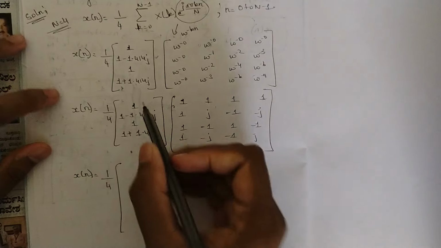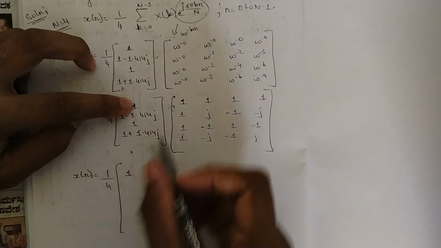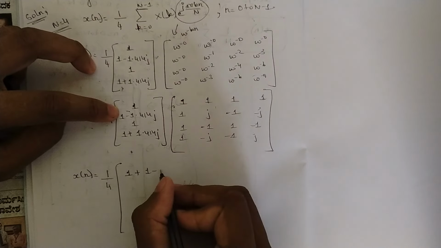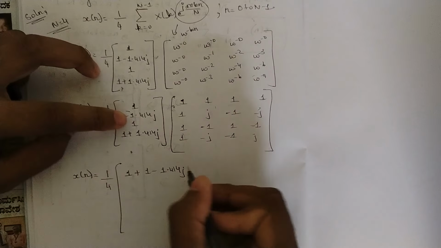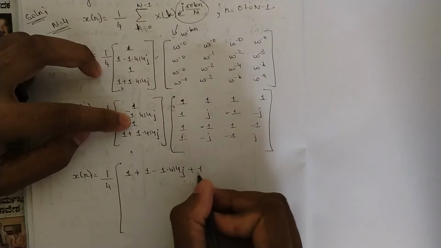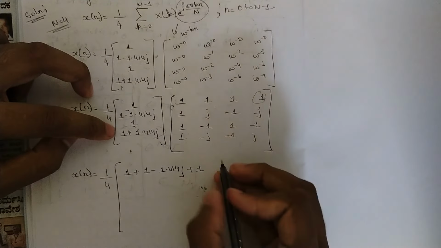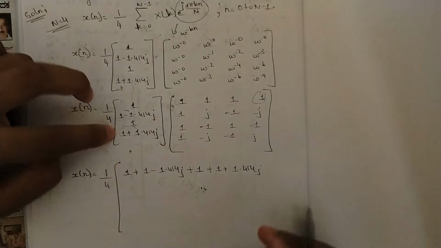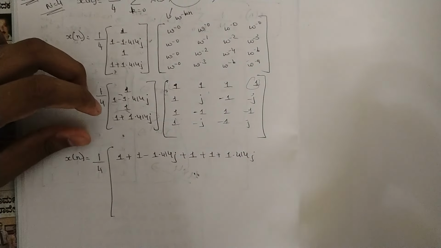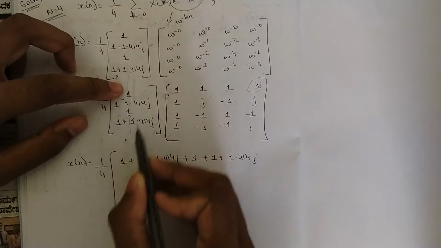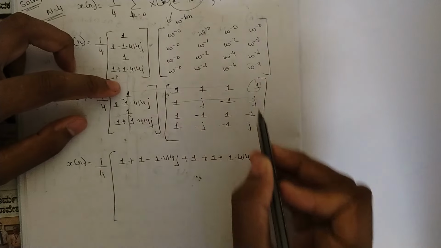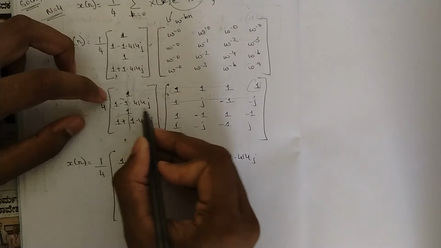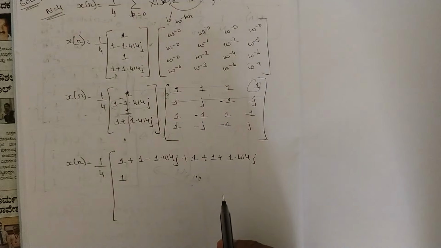Okay, that is 1 into 1, 1, plus this term into 1, that is 1 plus 1 minus 1.414j, the 1s are 1 plus 1, so this term into this term, that is plus 1 plus 1.414j. I hope you know this matrix multiplication. Okay, so now this is done. Now this and this, these two, that is 1 into 1 is 1, 1 minus 1.414j into j.